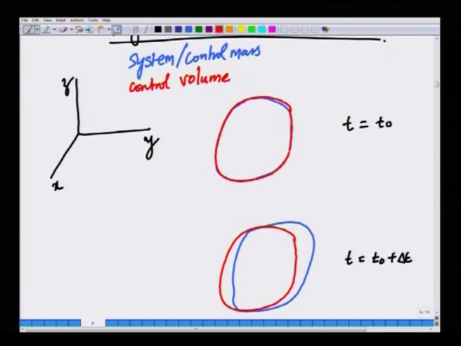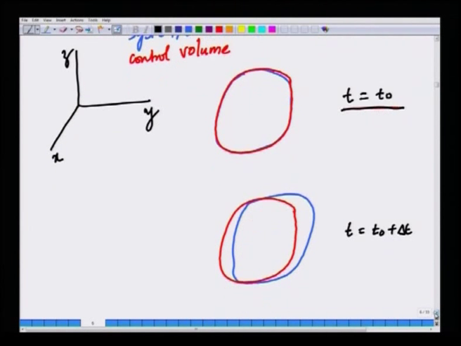Imagine that the system and the control volume, both the blue color and red color regions, coincide at time t equal to 0. That is what I have shown here to the best I can. Of course, all these are identically overlapping, both the blue curve and the red curve, at some time t equal to t0. At a later time, t equals t0 plus delta t, the CV is a fixed region in space with respect to a coordinate system x, y and z.